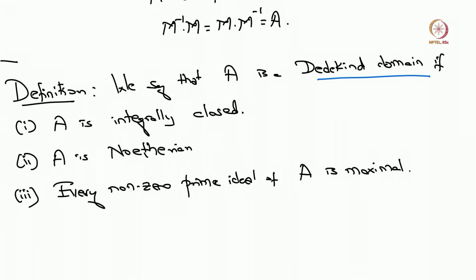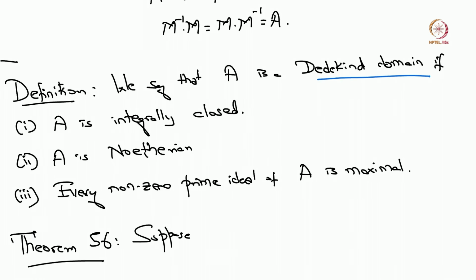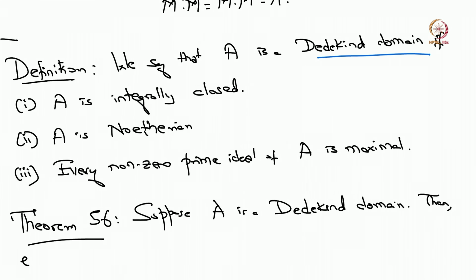So the next theorem tells us that Dedekind domains are special for the reason I just mentioned earlier. Suppose A is a Dedekind domain, then every non-zero fractional ideal is invertible.